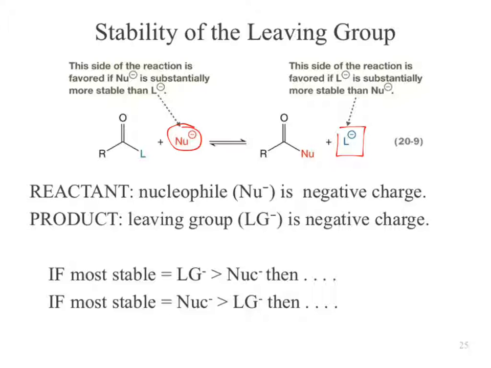Where's the leaving group? The leaving group is on the product side, so we would expect a reaction to occur. If the nucleophile is more stable than the leaving group, then what happens? Now the reactant side is favored. So it's ultimately kind of a hand-wavy argument, just the balance between those two, helping us to decide when a reaction should occur or not.